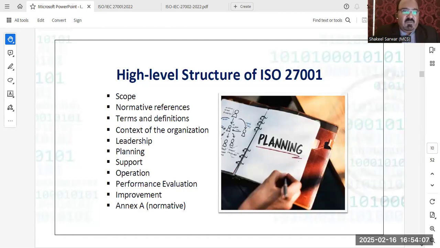During this session, the topics we will cover in discussion are: introduction, the high level structure of the ISO 27001 standard, the scope of the ISO 27001 standard, auditing organizational context, leadership roles, ISMS policy and objectives, competence, awareness and communication, documented information, performance measurement and internal audits, management review, corrective and preventive actions.